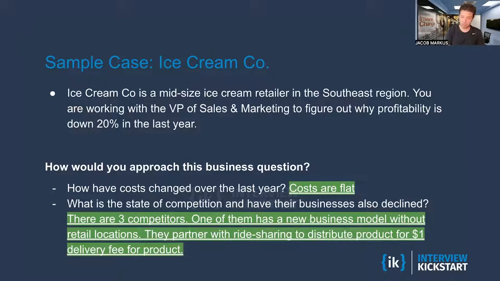So it sounds a bit like a ghost kitchen or something like that. They partner with ride sharing to distribute product for a $1 delivery fee. So that's a little bit of extra information. And I understand that we might be focused more on revenue for the case, and specifically looking at the competitive landscape and the market share for these different competitors.